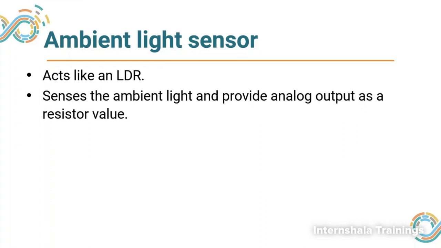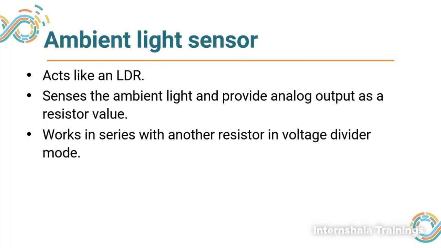So it is still a variable resistor just like an LDR, and it will work in series with another resistor in a voltage divider mode, exactly like an LDR. The only difference is it comes in a PCB packaging and has better sensitivity than an LDR. So we can use this for ambient light sensing.